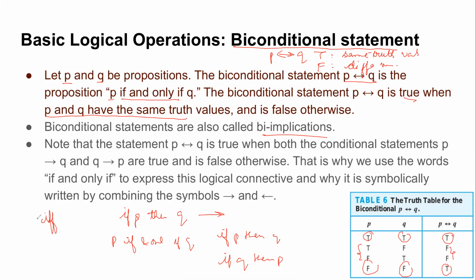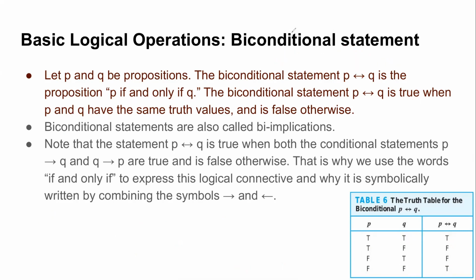Okay, so does anything hit your mind when you see this? Any of the operations which we studied, which is very closely related to what it is? Here, when the values are the same, it is true, and when they are different, it is false.